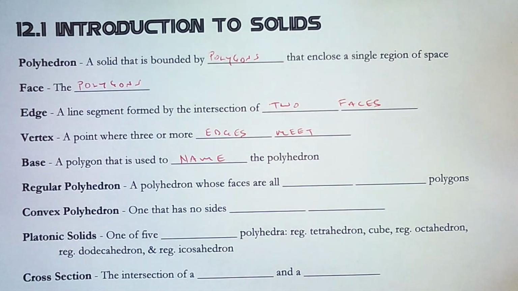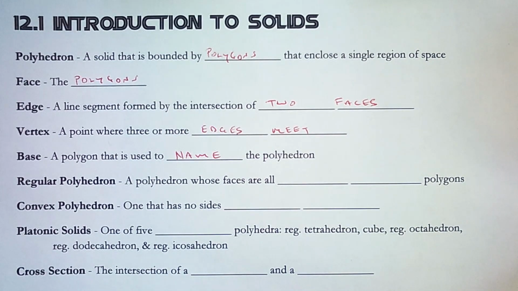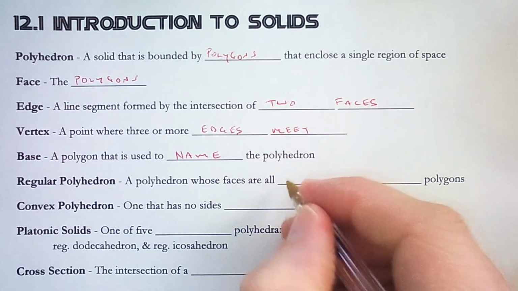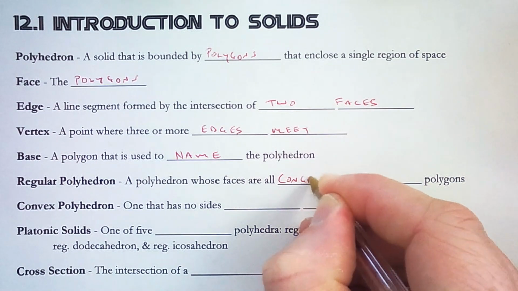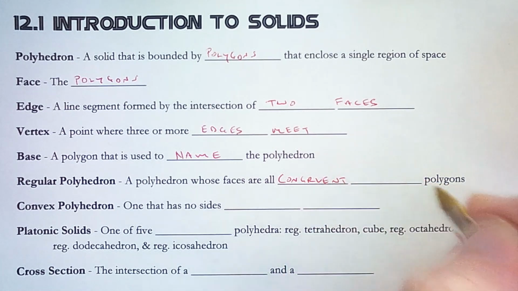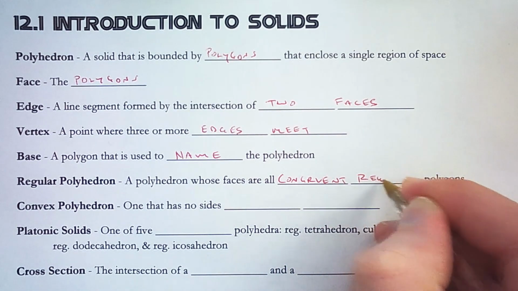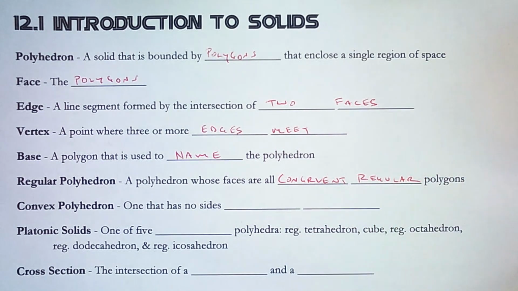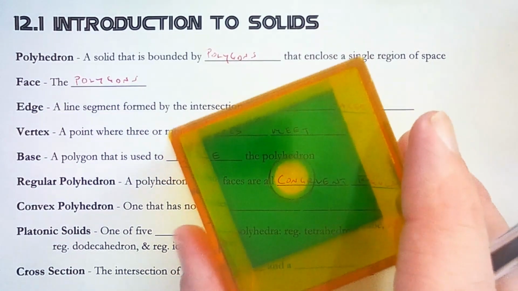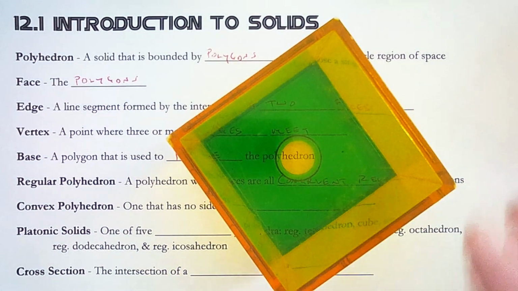A regular polyhedron is a polyhedron whose faces are all congruent, regular polygons. Okay, so that means every face on the polyhedron is exactly the same, and they are all regular polygons. A cube is one example.